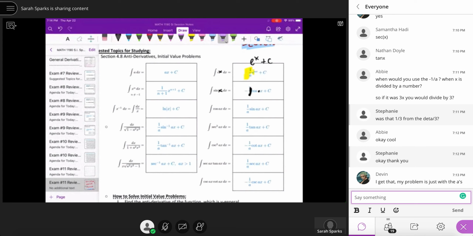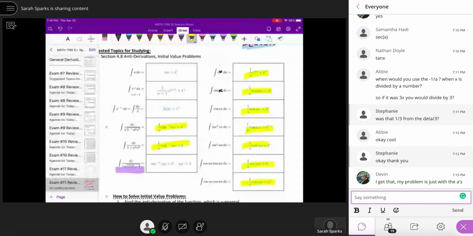If you notice all the ones without the 1 over a, let me highlight them. So that's the 1 over a, 1 over a, 1 over a, and so on. All of them have that 1 over a multiplier if there's that constant.